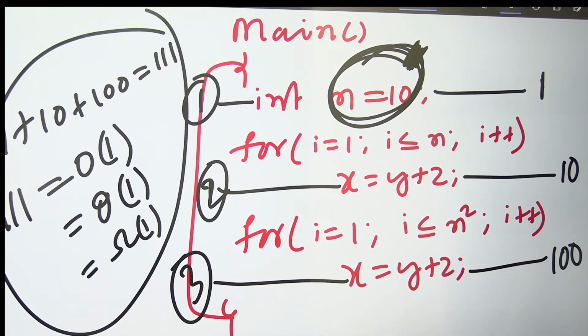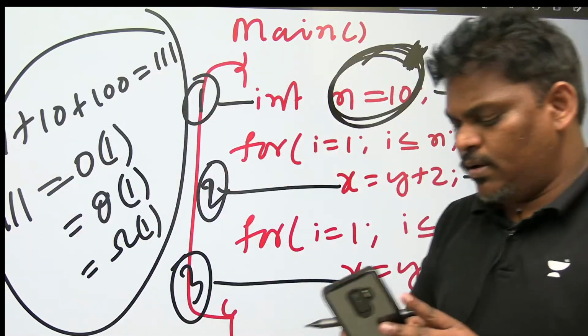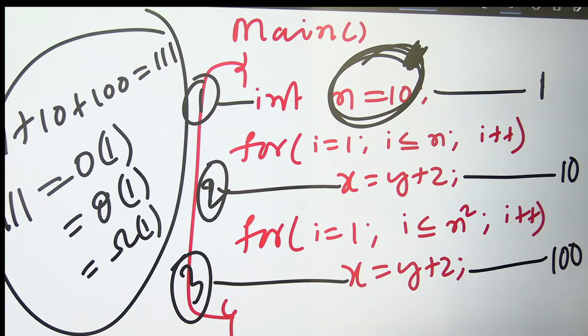Answer is big O of 1. Verify. Big O okay, omega okay, theta okay.